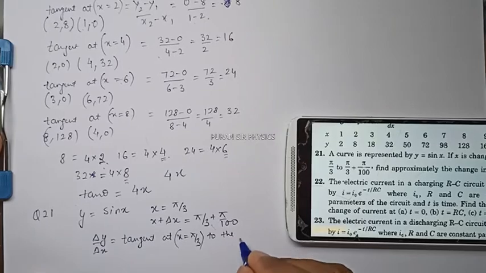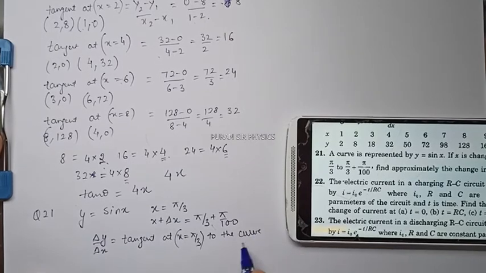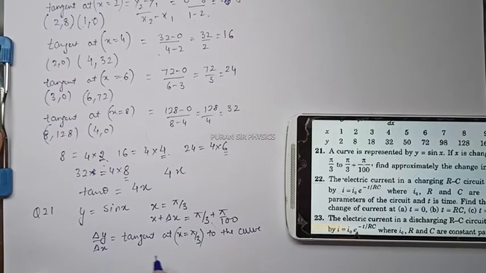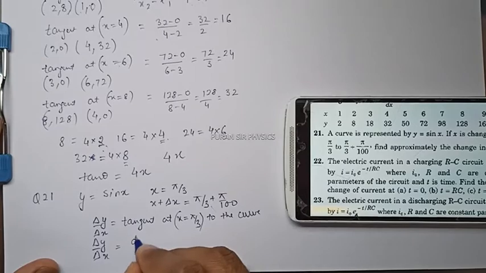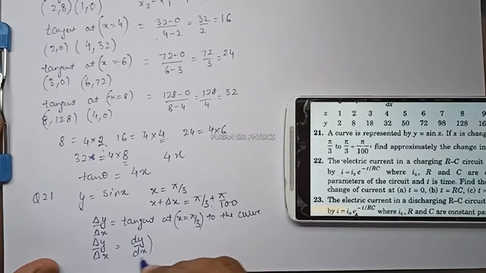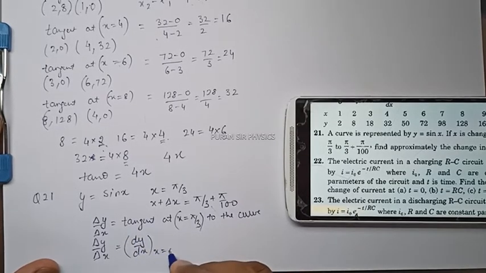Tangent at x equals pi by 3 to the curve y equals sin x. So we can write delta y by delta x is equal to dy by dx at x equals pi by 3.